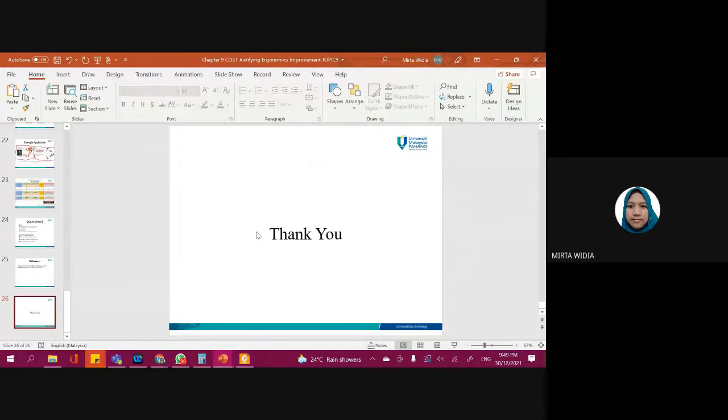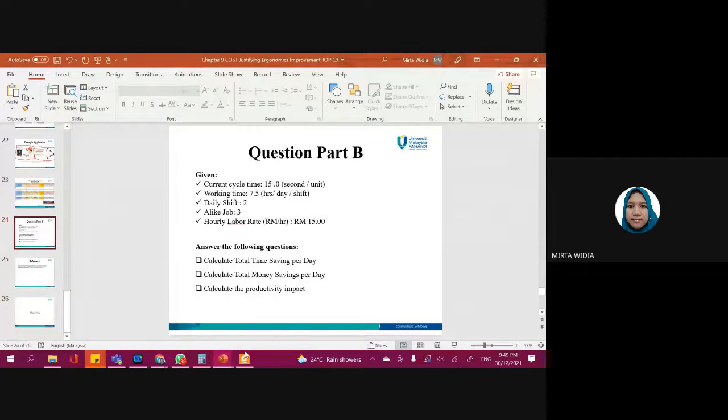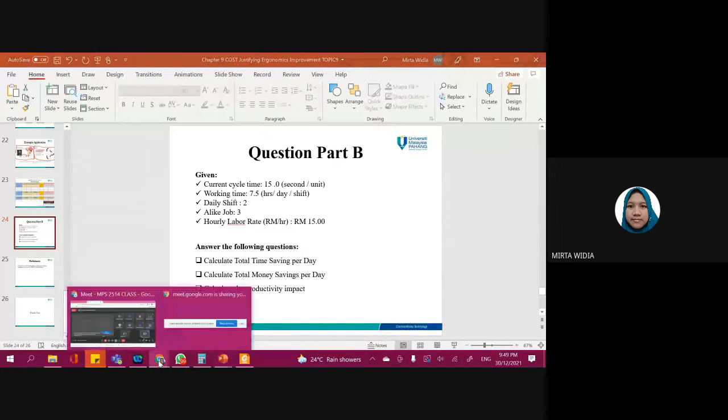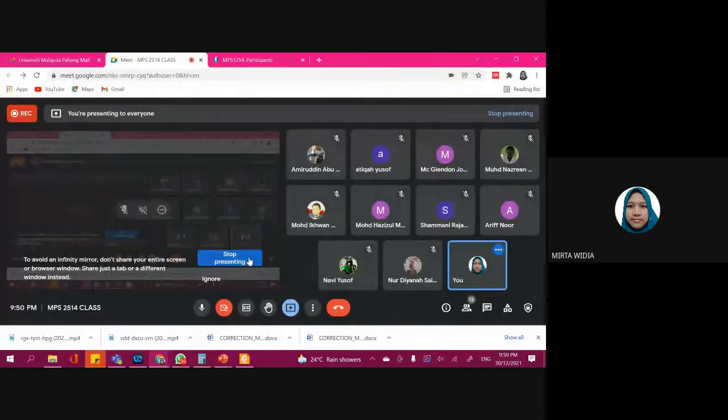Okay, any question? Ada pertanyaan untuk yang ni? Harap you boleh faham ya, cost justifying ergonomic improvement ni. Boleh. Okay. Any question?